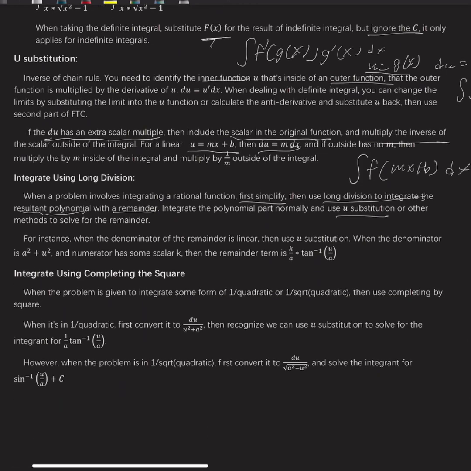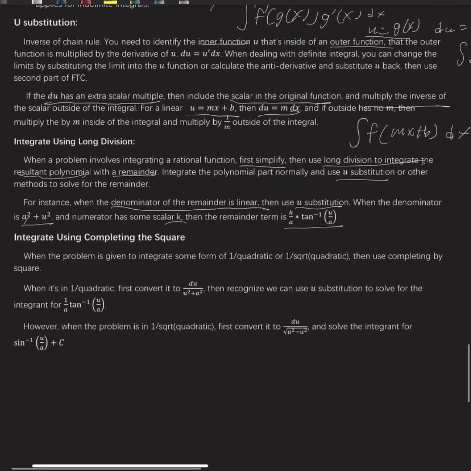For example, if the denominator is linear, then use U-substitution. And when it's a squared plus u squared, that is equal to k over a times arctangent of u divided by a, where there is a scalar k outside.